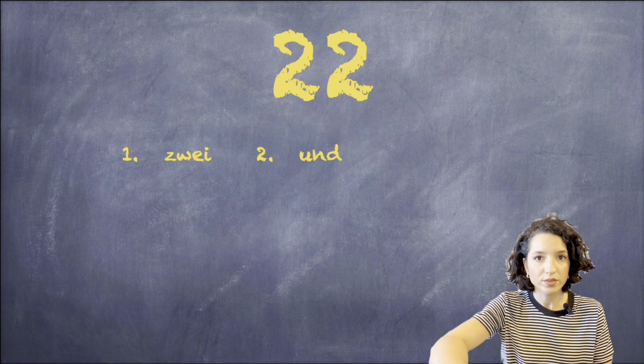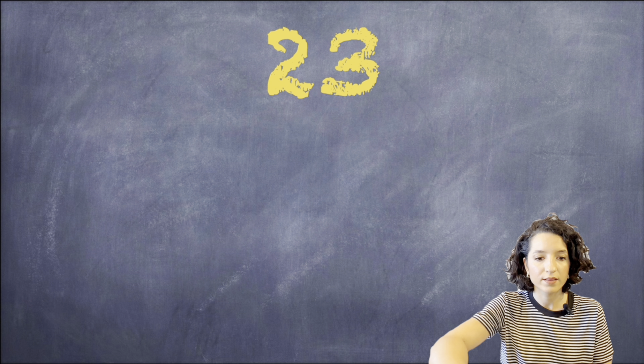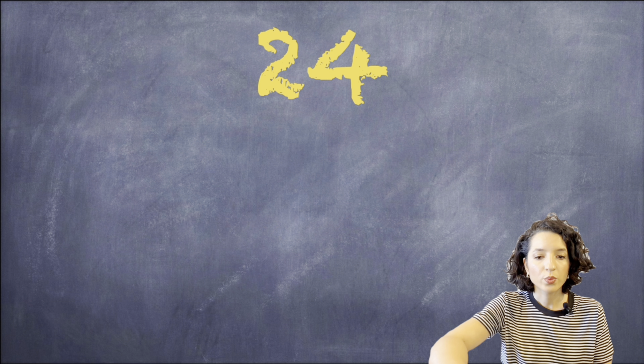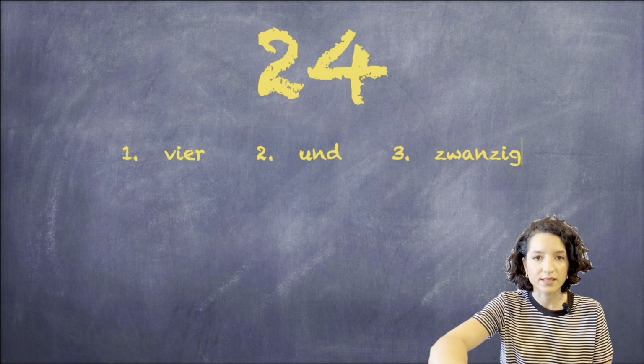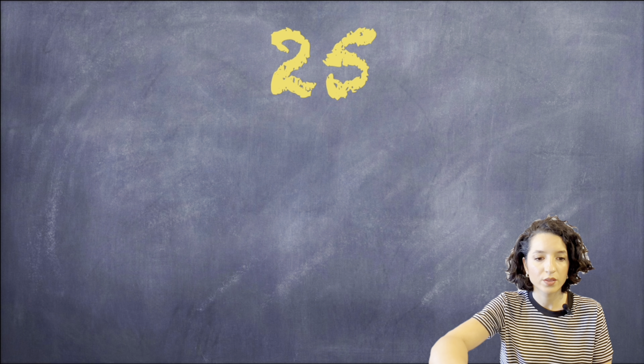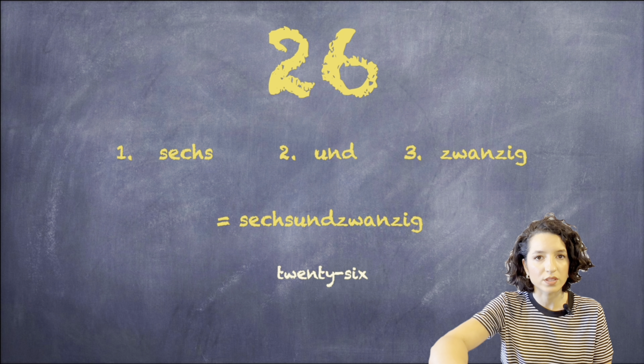Then we add und and then we have 20. 22. 23 is 3 und 20. 23. 24 is 4 und 20. 24. 25 is 5 und 20. 25. 26 is 6 und 20. 26.